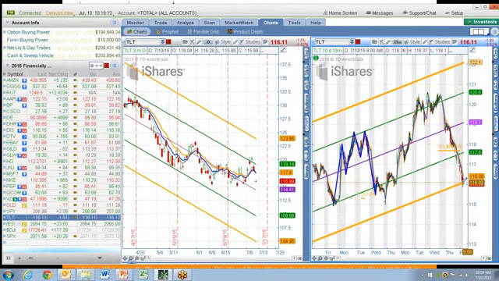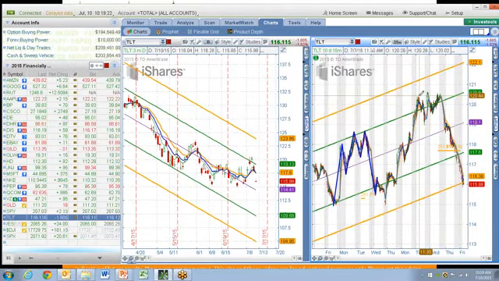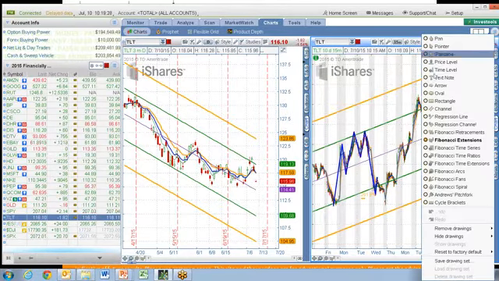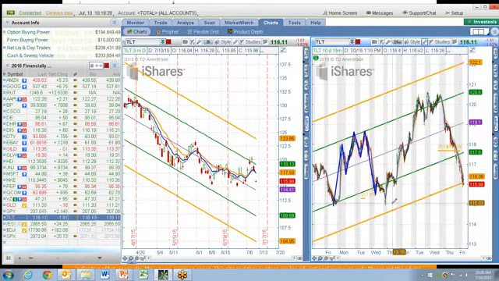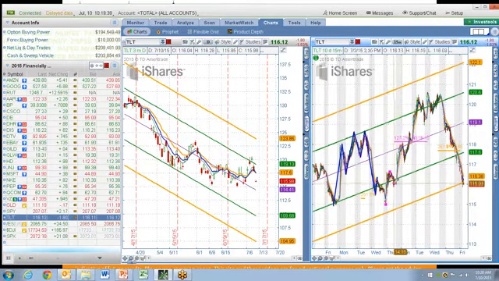This last trade we had on TLT, we got in right here because we had taken the TLT trade from down here all the way up here. Now the reason I did that is because I was following the Fibonacci's. The Fibonacci's can be drawn by going from the low to the intermediate high to the higher low.